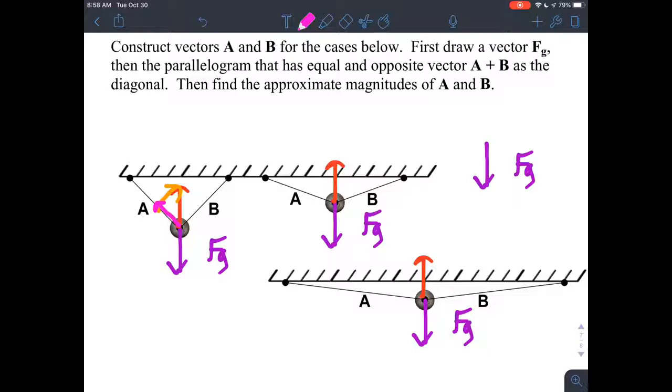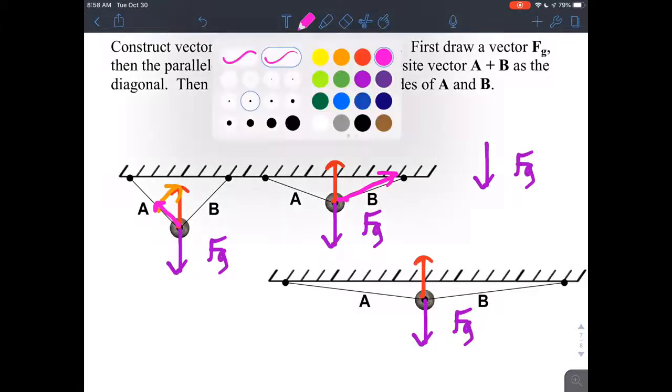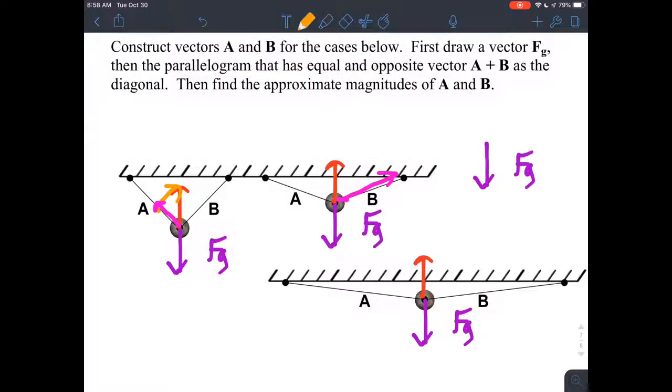So again, my B is going to go about there, and my A is going to go about there. Oops. So we add them up. A plus B. There we go. Makes the red one.